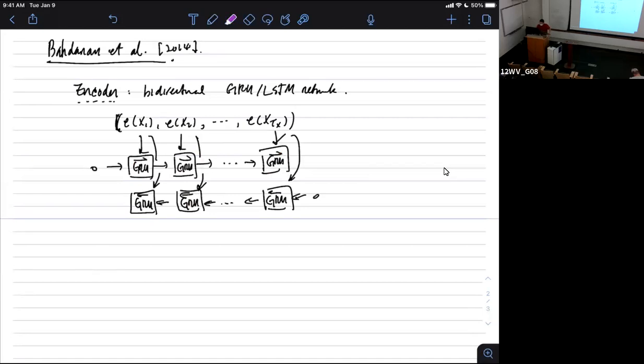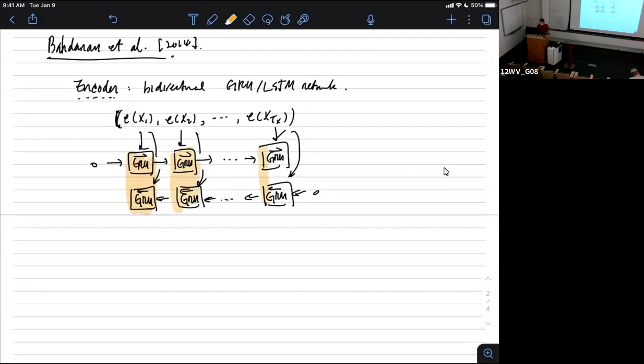So for x1, we can concatenate the hidden states of the forward and reverse gated recurrent units, and then say that, okay, that's going to be our encoding of the first word in the context of the entire source.